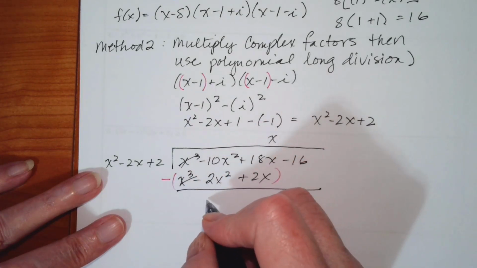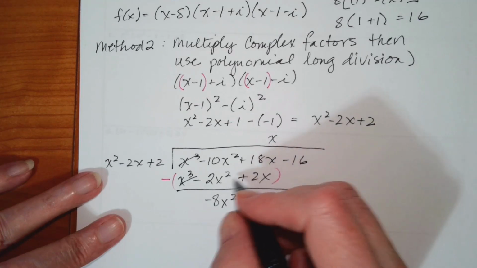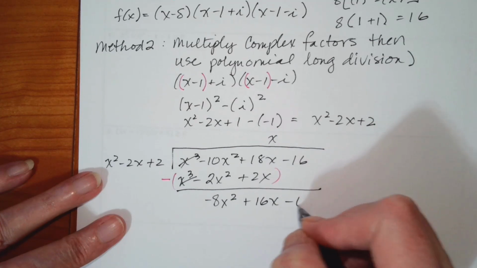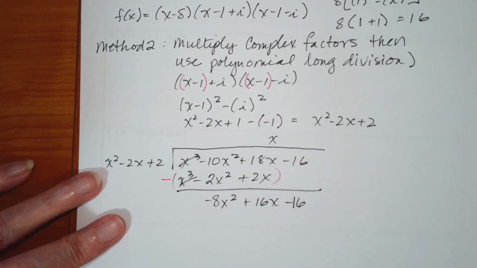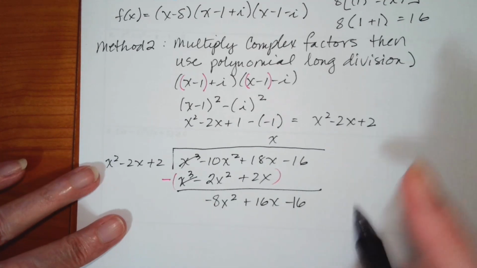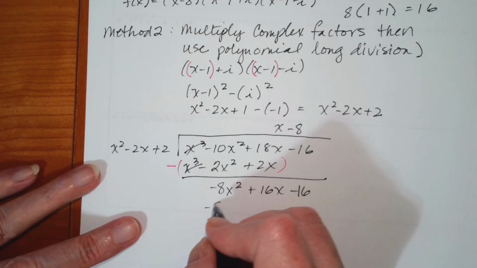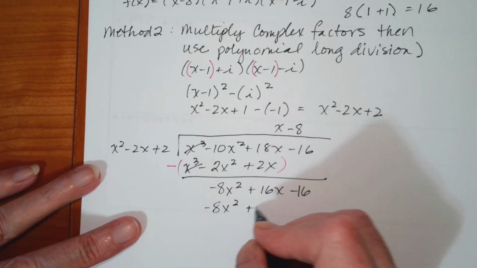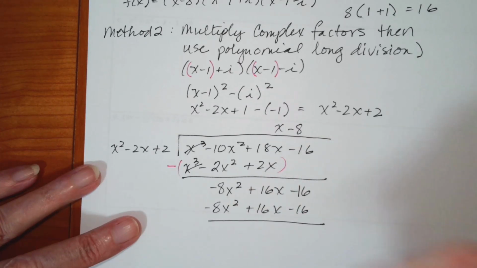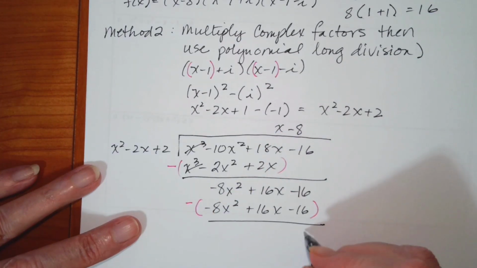Negative 10 plus 2 gives me negative 8x squared. 18 minus 2 gives me a positive 16x, and bring down my negative 16. So negative 8x squared divided by x squared is negative 8. When I multiply that, that gives me negative 8x squared plus 16x minus 16. When I subtract, I get 0.